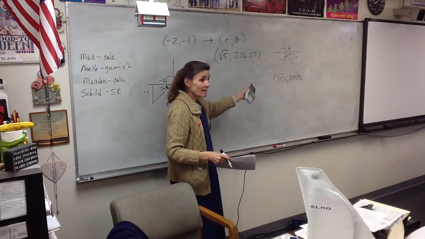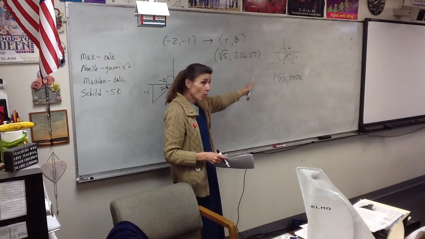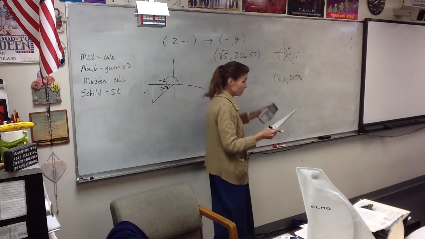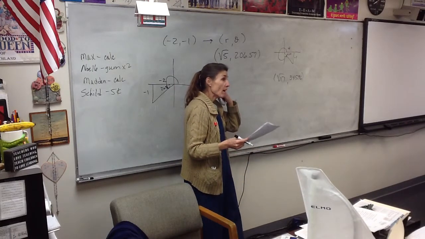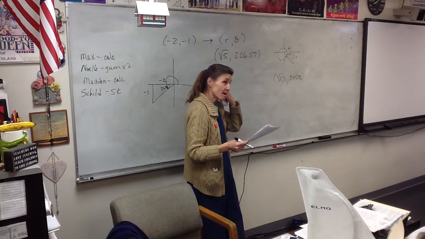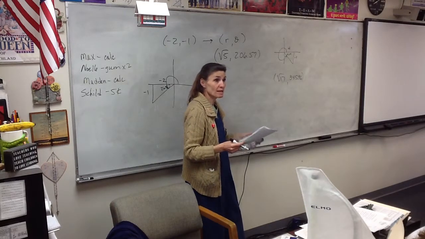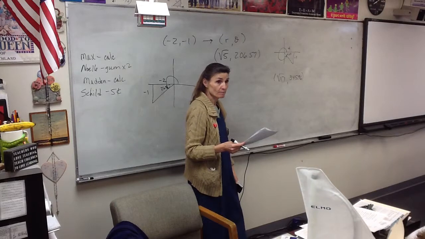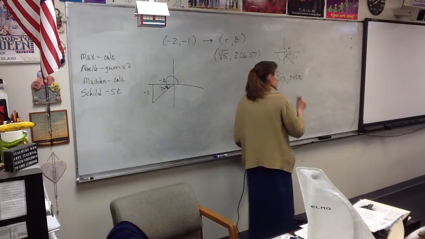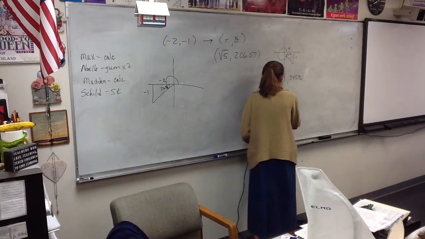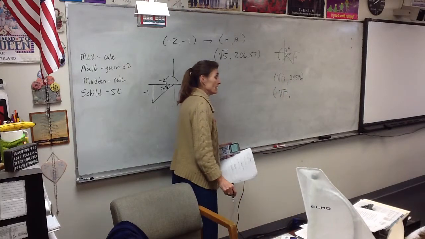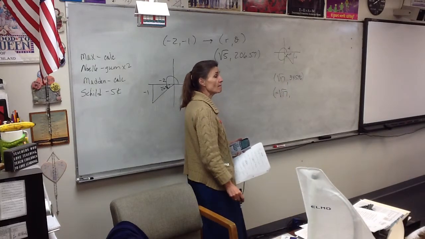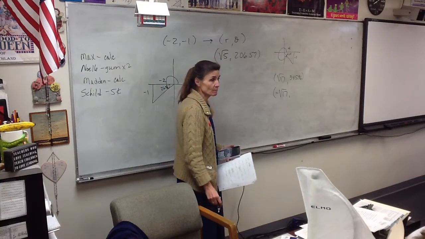Now, these are the polar coordinates of the point 4, -1. However, did you notice this time they want you to answer with a negative radius? So you are simply going to have one extra step. You're going to change the radius to a -√17, and the only reason we would ever do this is because they told us to.